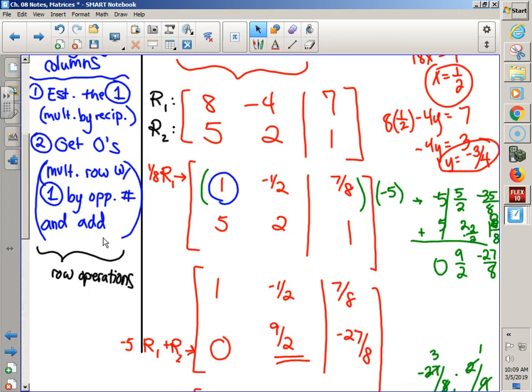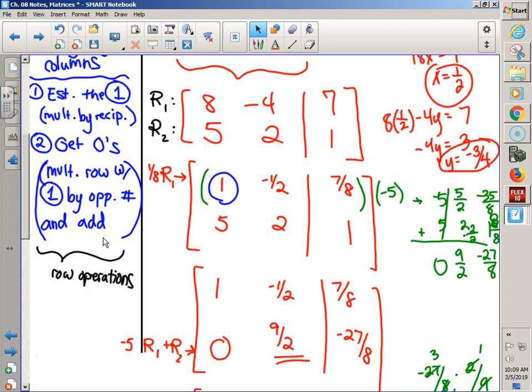I'm multiplying row 1 by negative 5, by the opposite number in our 0 spot, and then adding it. So negative 5 times 1 plus 5 is 0. But I have to do that all the way across the row, multiplying every entry by negative 5, and then adding every entry to its corresponding entry.